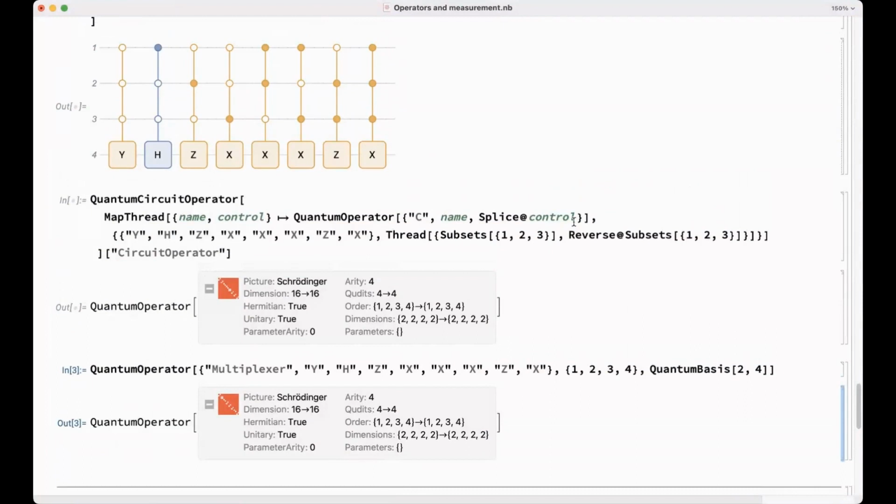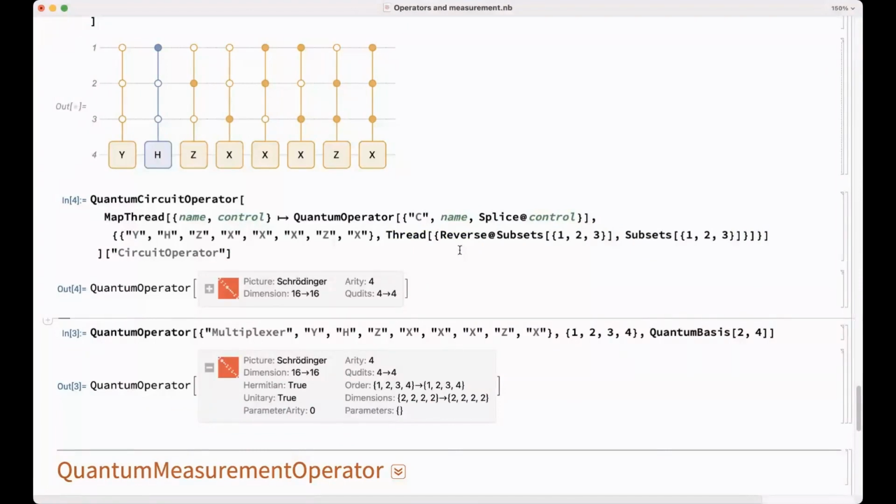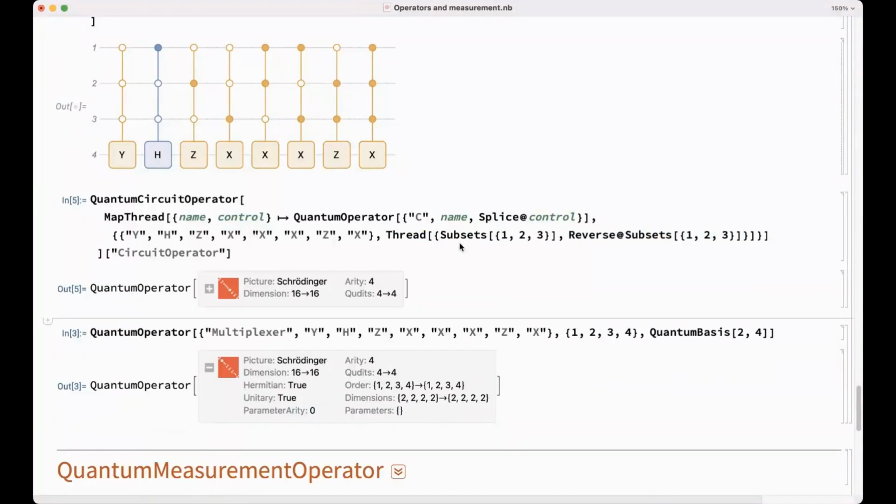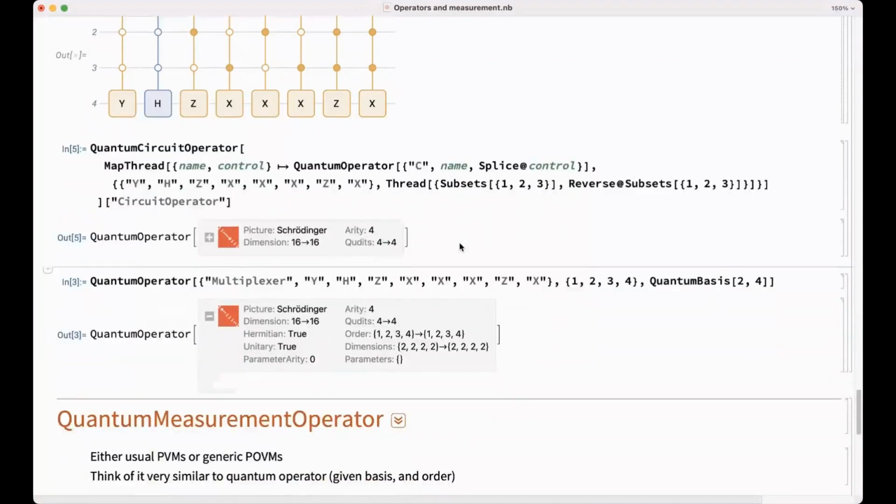Let me just look at our documentation. I do not remember that, Nick, for multiplexer.